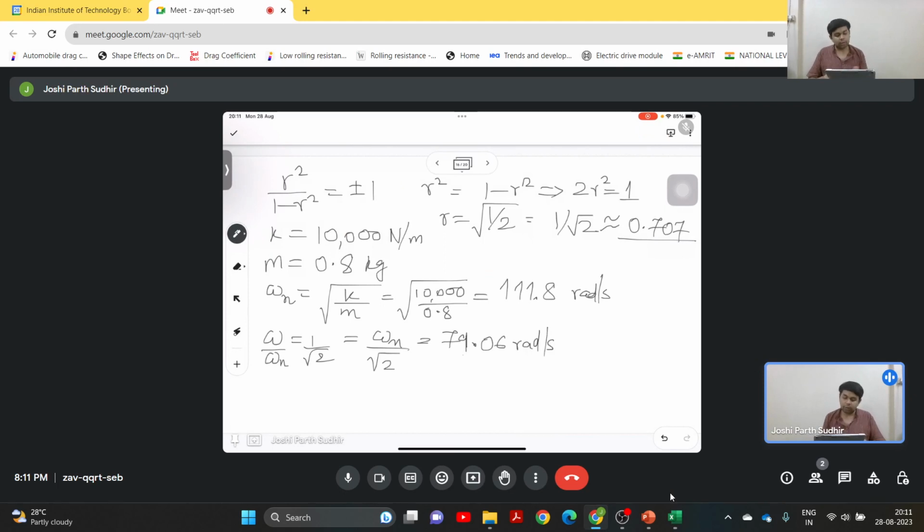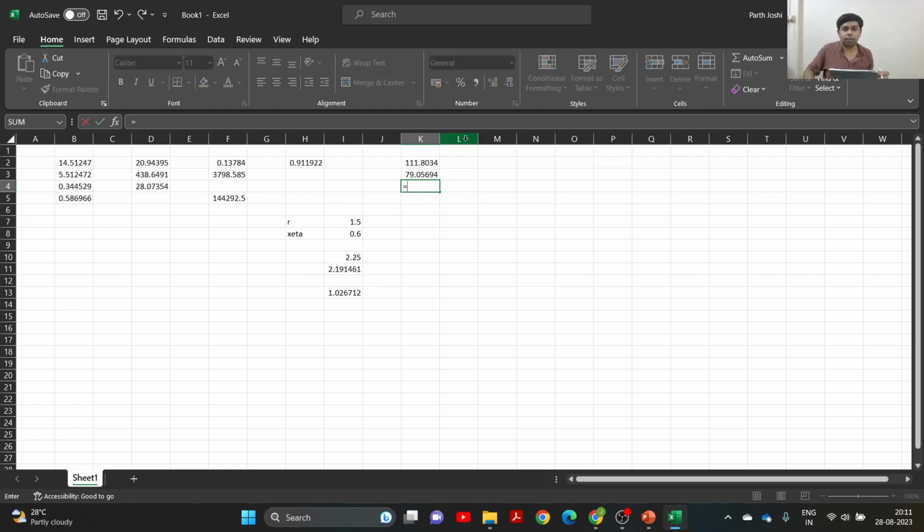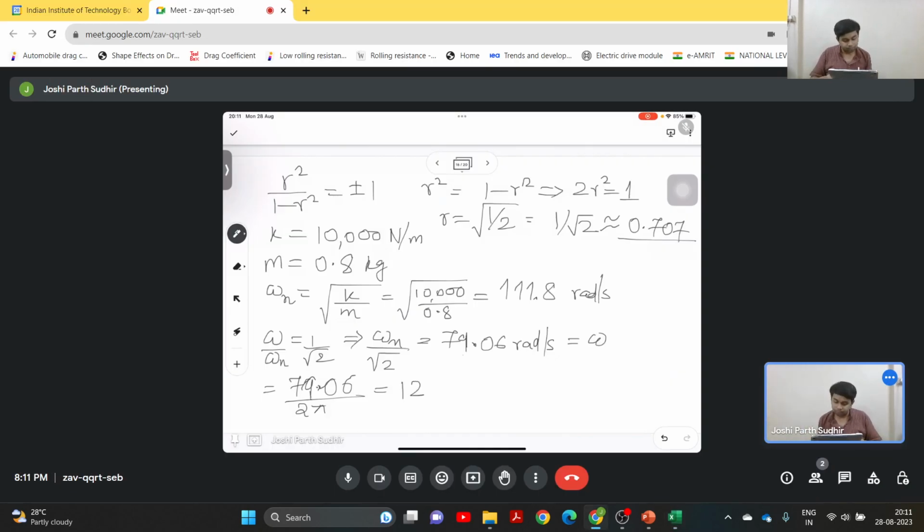So in terms of radians per second, the answer is omega is 79.06 radians per second. In terms of hertz, it is 79.06 divided by 2 pi, which is 12.58 hertz.